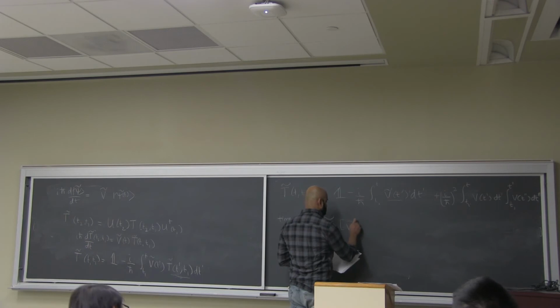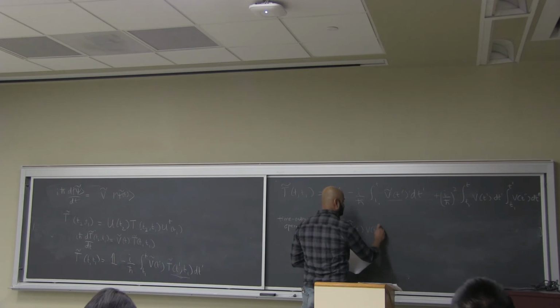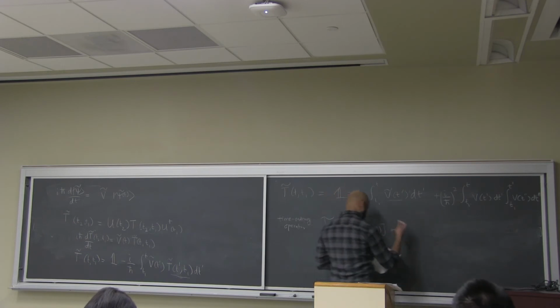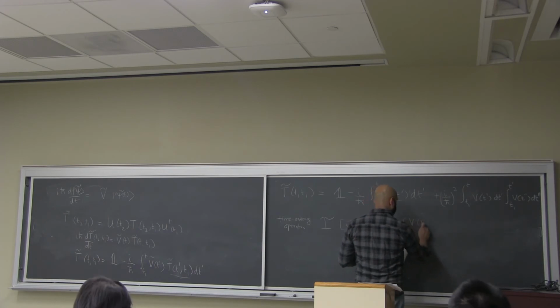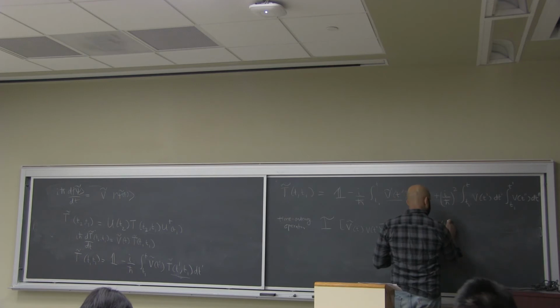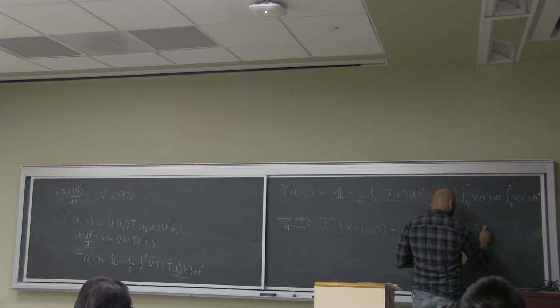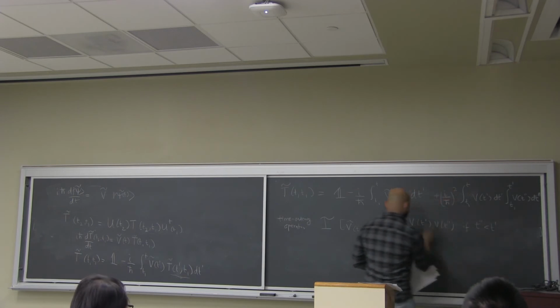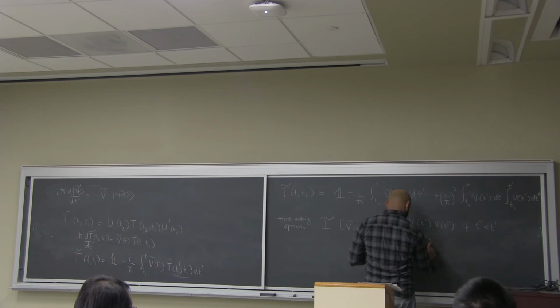If you take any two operators, v at t prime and v at t double prime, then the time ordering operator puts them into time order. Essentially it says that if t double prime is less than t prime, then it puts them this way, and if the other way, then it puts them accordingly.